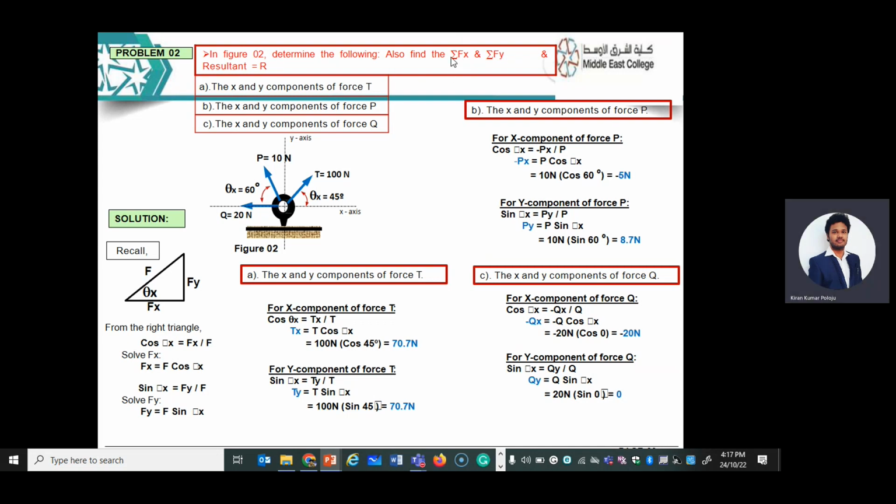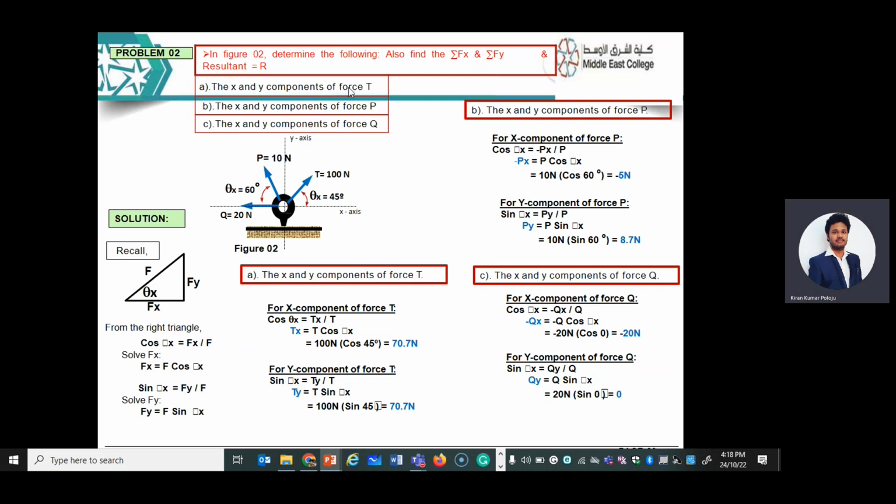This is summation or sigma. It's up to you, you can use any terminology. It means total. Total of Fx, the total of force in the x direction. And Fy, the total of forces in the y direction. And the resultant. So here you have to determine these three quantities.